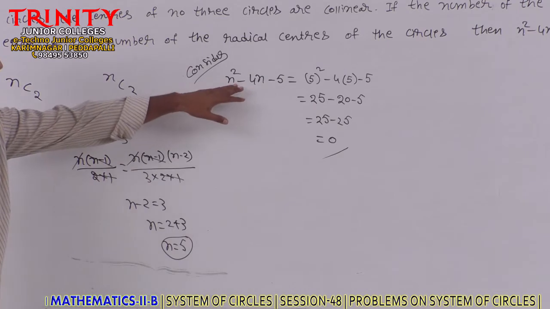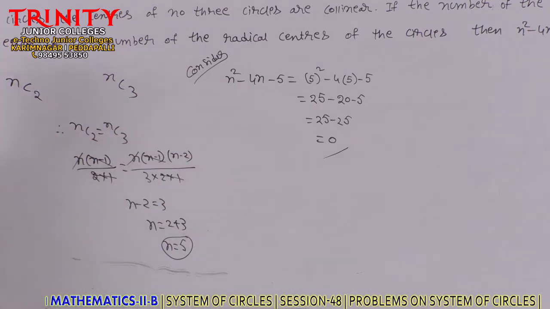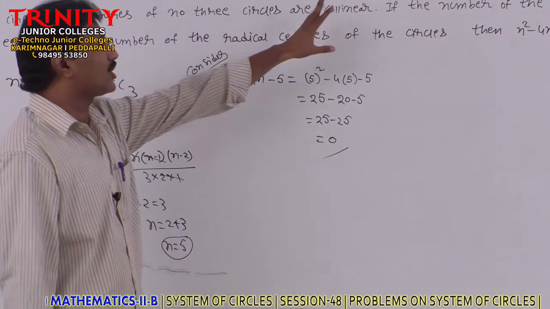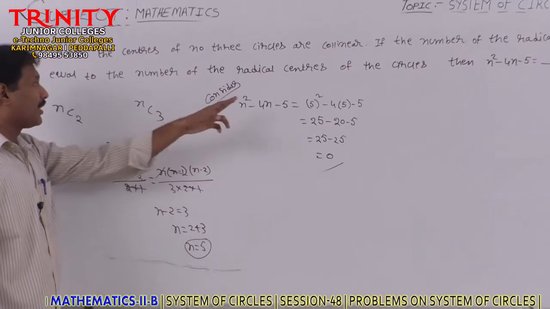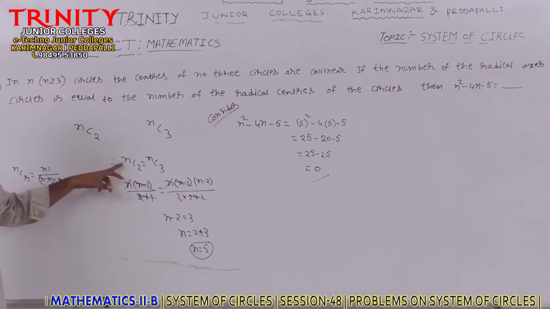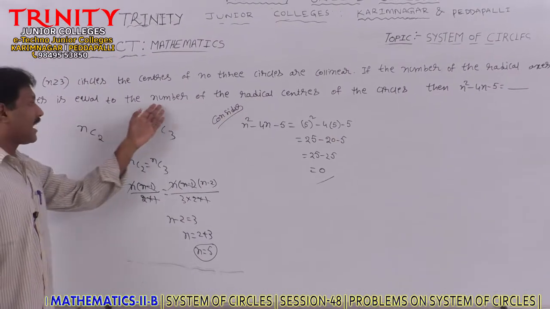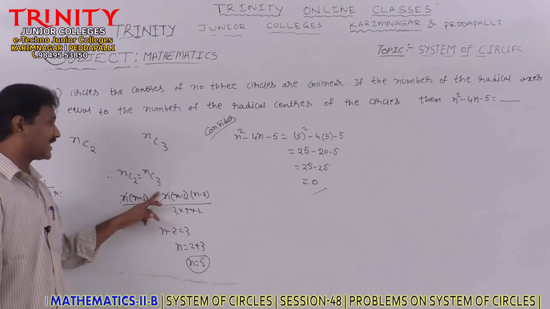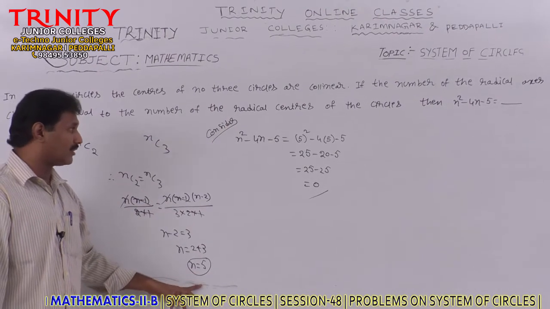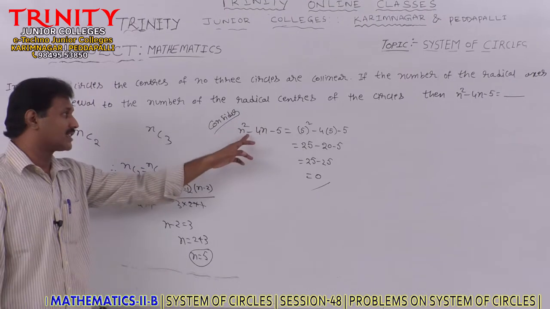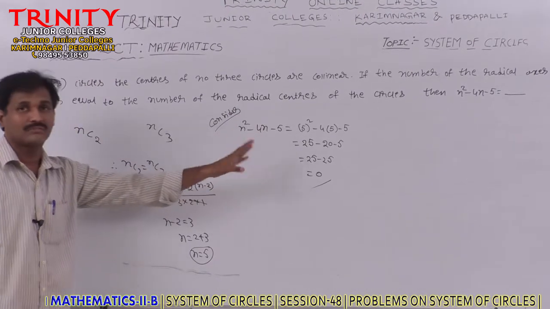Therefore, the value of n square minus 4n minus 5 equal to 0. Here n is greater than or equal to 3 circles, and the centers of no 3 circles are collinear. The number of radical axes, nC2, equals the number of radical centers, nC3. We got n equal to 5, and n square minus 4n minus 5 is 0. Hence the problem.